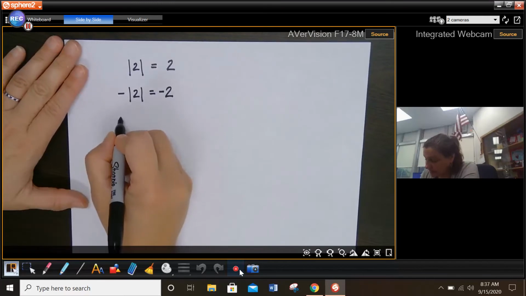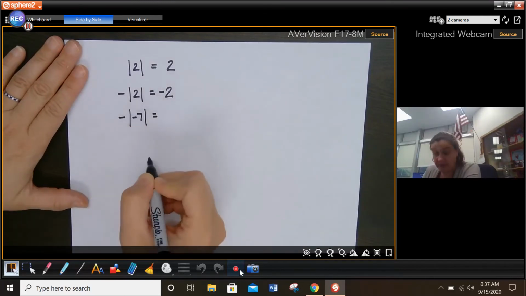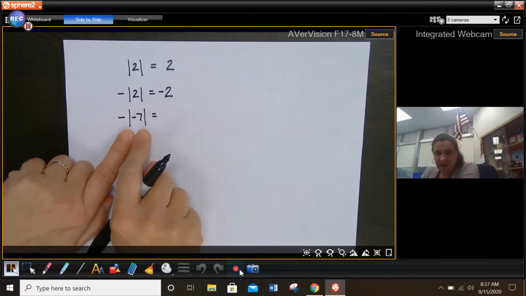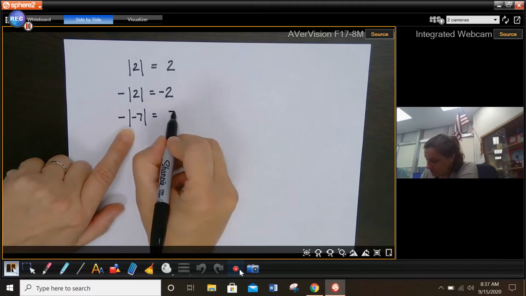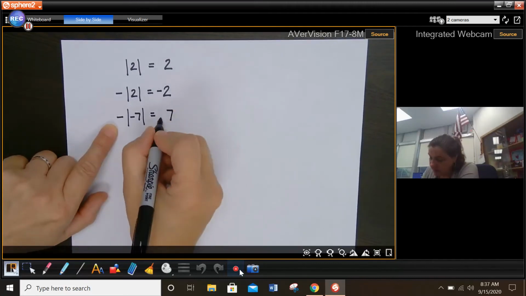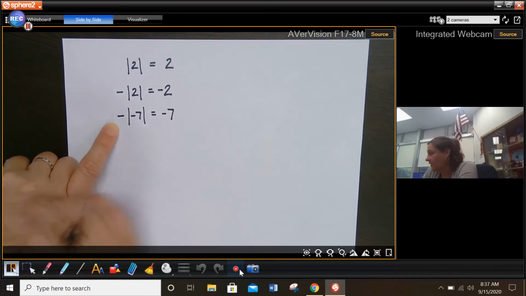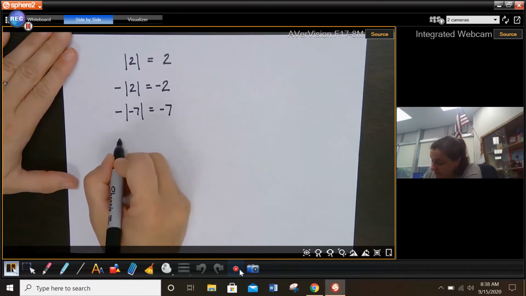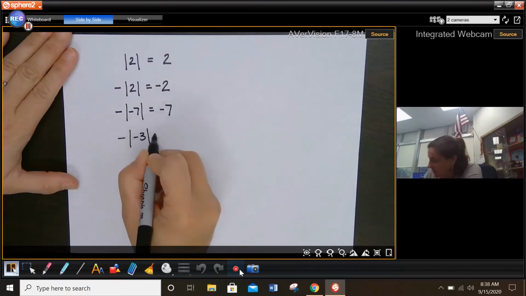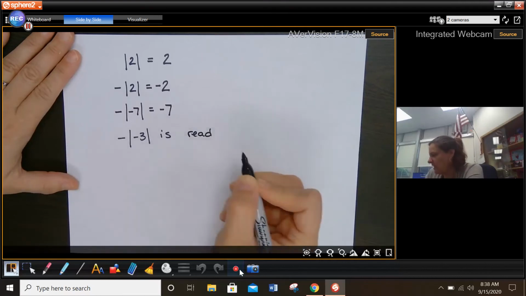So if I had this, the opposite of the absolute value of -7, well, the absolute value of -7 is +7, but then I have this little guy out here, so I know I need to take the opposite of that situation. So it becomes -7. So this, let's say the opposite of this, okay, is read. And how would you say this?